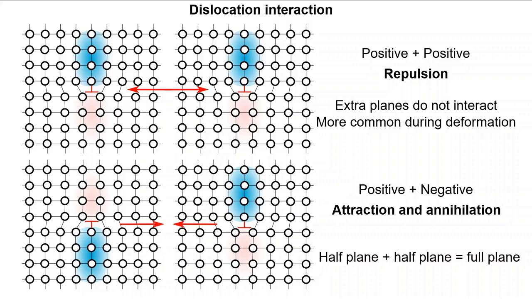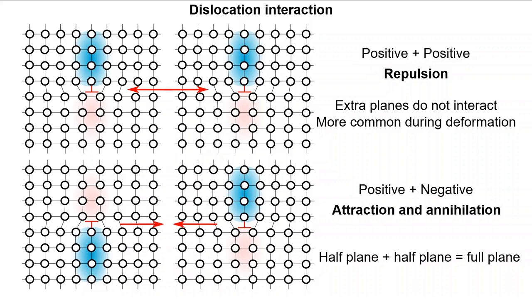Dislocations would move until they encounter each other and then start to pile up on top of each other. Conversely, driving a positive and negative dislocation toward each other is far easier, and the half plane associated with each edge dislocation results in the formation of a full plane, thereby annihilating both dislocations.